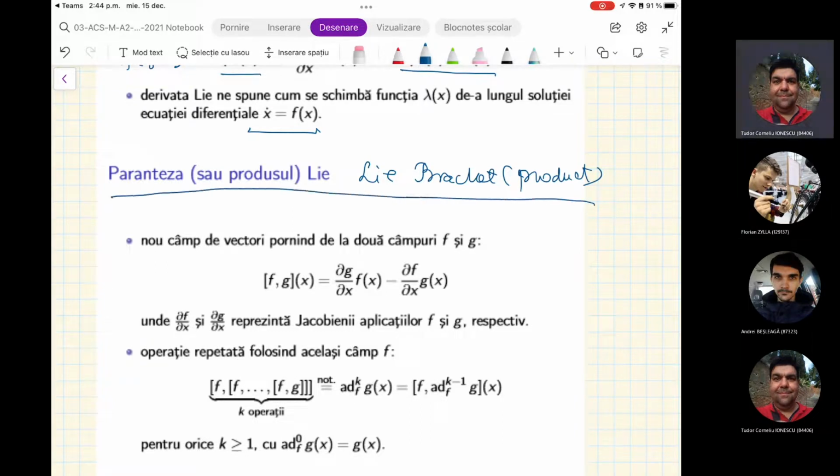Okay, so like I said, we need these differential geometry notions. Now if you have two vector fields f and g, the Lie bracket between f and g is dg dx times f(x) minus df dx times g(x). Okay, these are partial derivatives where df dx and dg dx are the Jacobians this time.